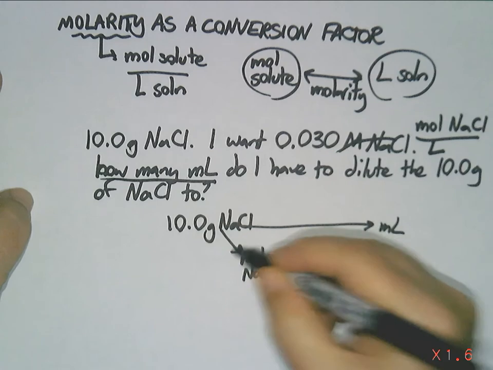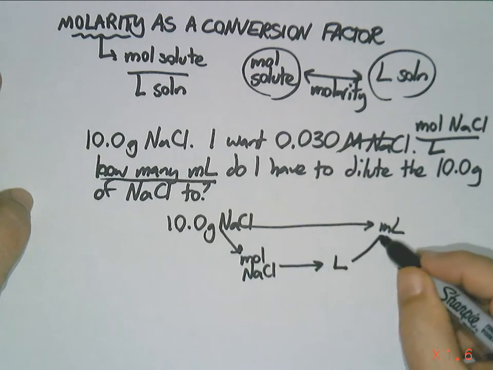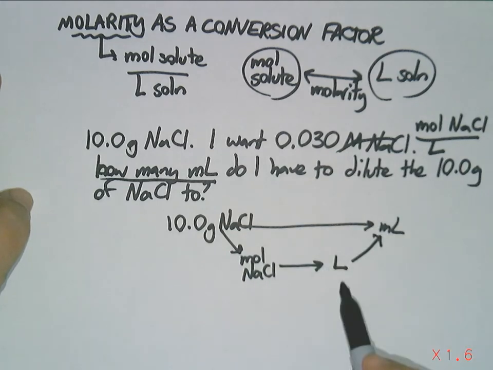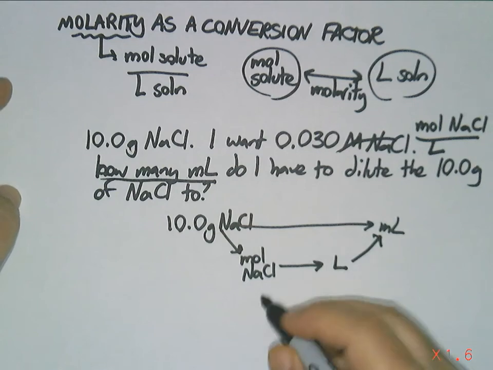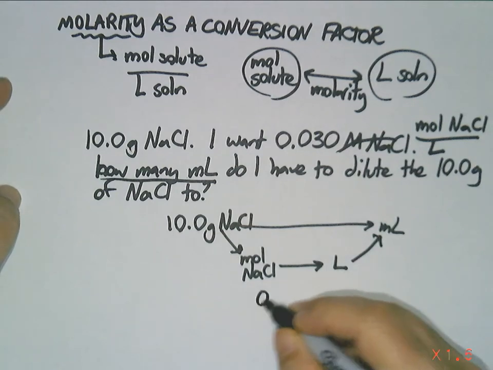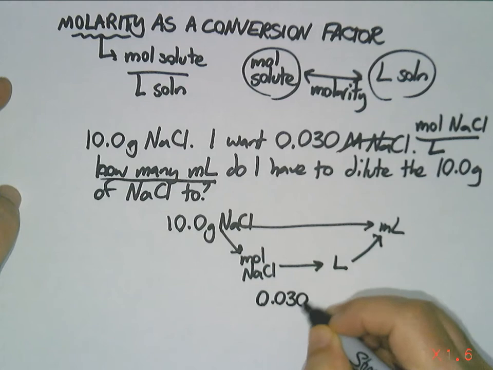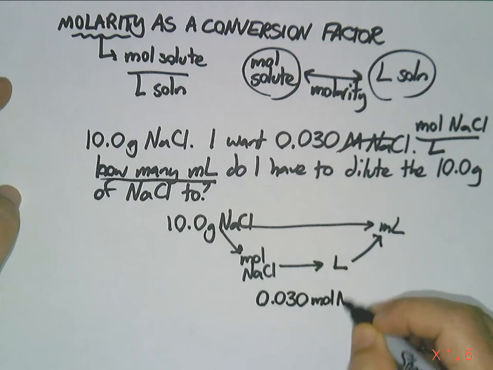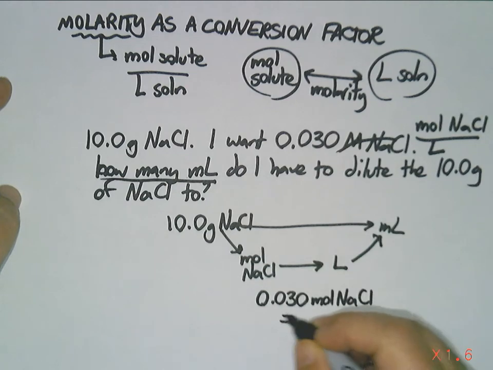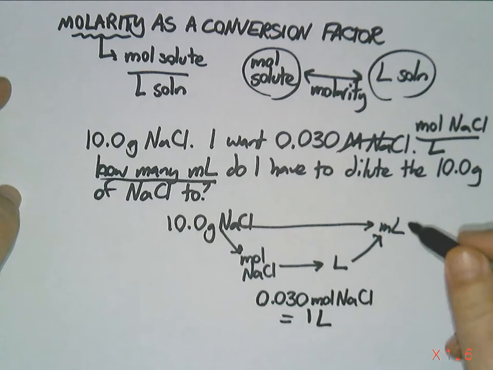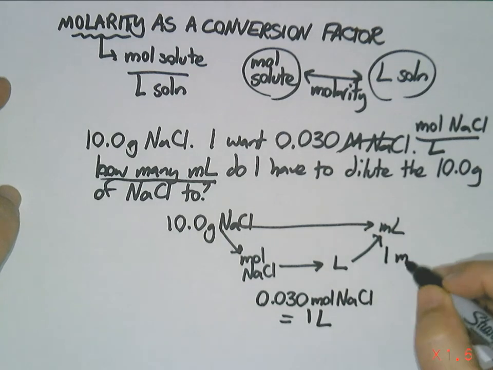Now, to go from moles of NaCl to liters, we're going to use the molarity. To go from liters to milliliters, we can do that. We've done it a lot.